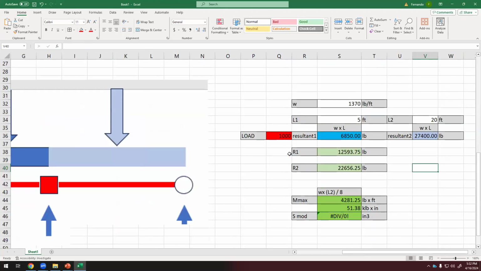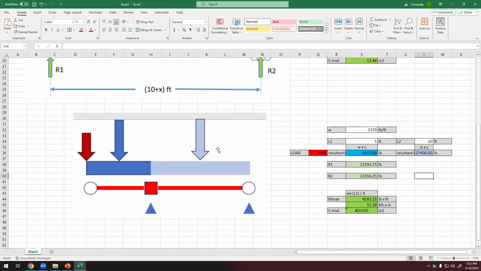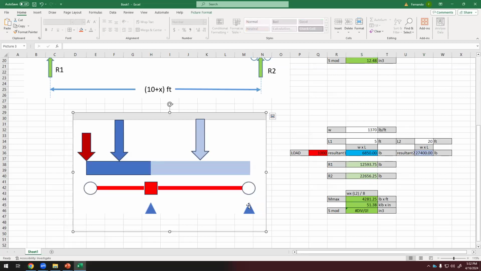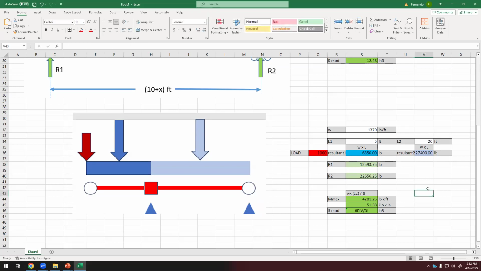Does it make sense? I think it makes sense because R2 is significantly higher than R1. It makes sense because R2 bears more weight than R1. Okay, so that makes sense. R2 is way bigger, almost double R1, so that makes sense.